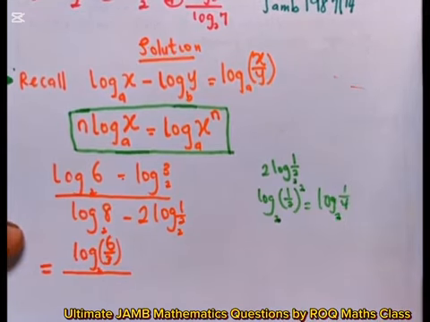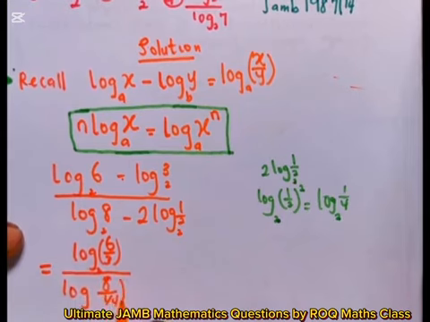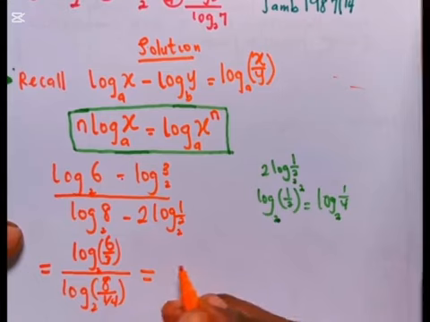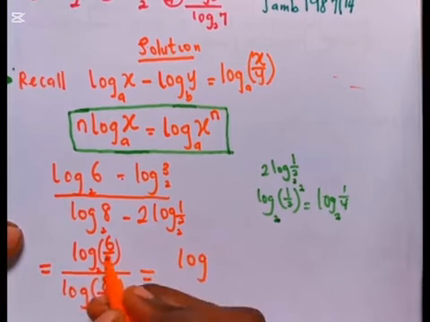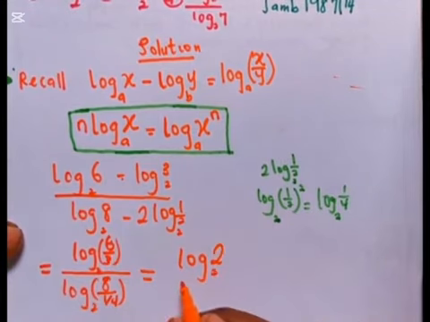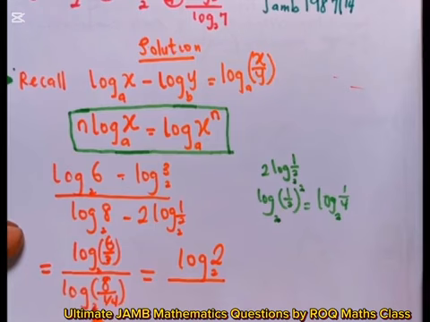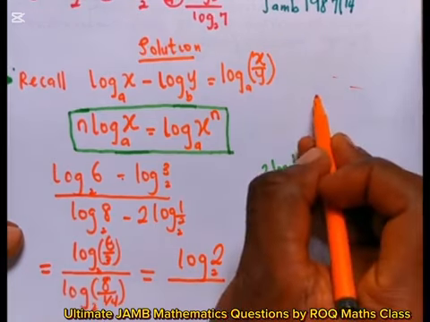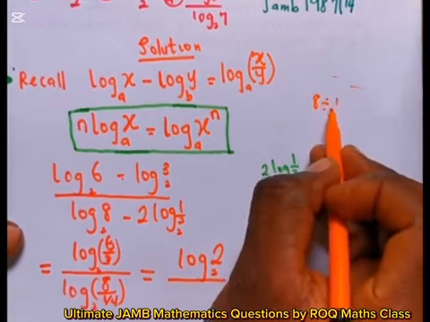So actually, over here, I'm going to have the log of 8 divided by 1 over 4 base 2, which is equal to the log of 3 here, 1, 3 here, 2. The log of 2 base 2 over here. We have 8 divided by 1 over 4.